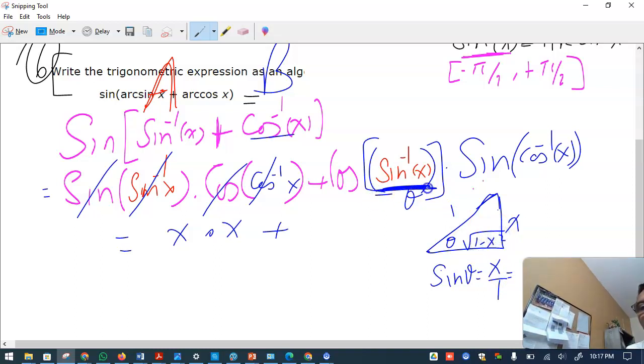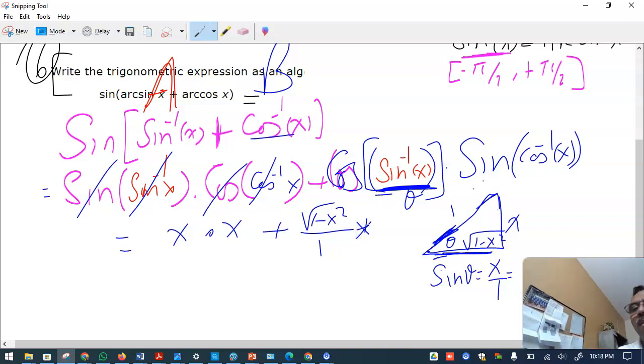And the same thing, cosine inverse of x is another triangle, with some angle alpha.